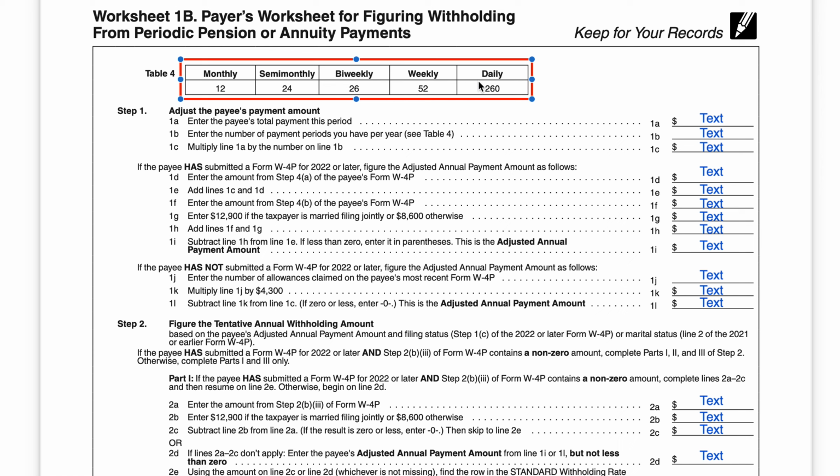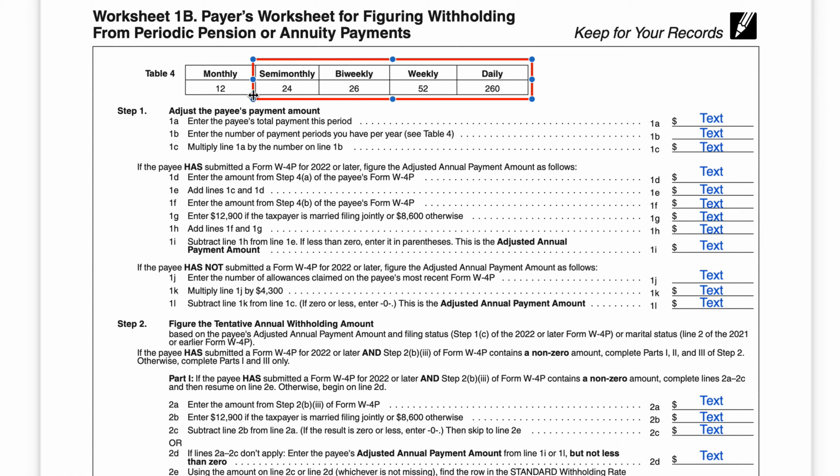So if you're receiving monthly payments, then your payer is going to use the number 12 in determining how much to withhold from each check. Whereas if you're receiving your payments twice a month, then they would use 24. Every 2 weeks is 26. Every week is 52, so on and so forth.